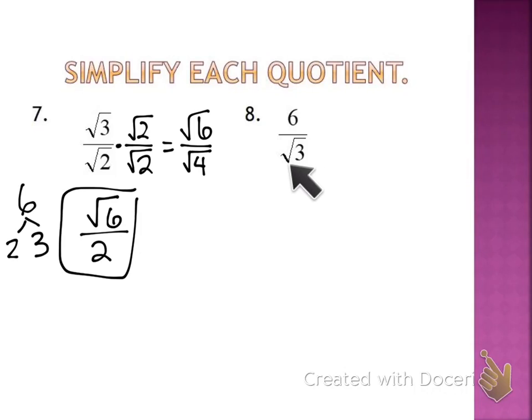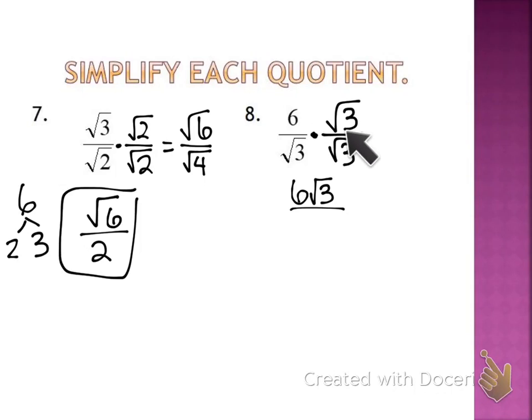We can't have a radical in the denominator. So on number 8, we are going to multiply both the top and the bottom by, not just 3, radical 3. Does this 6 have a radical part? No. Okay, so when we multiply 6 times the square root of 3, that just gives us 6 root 3.